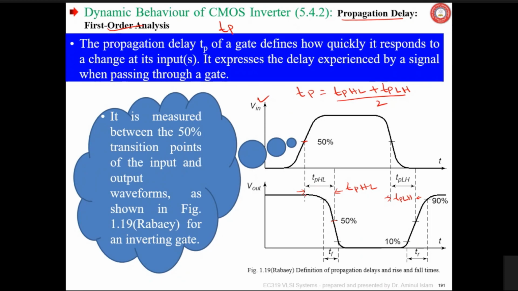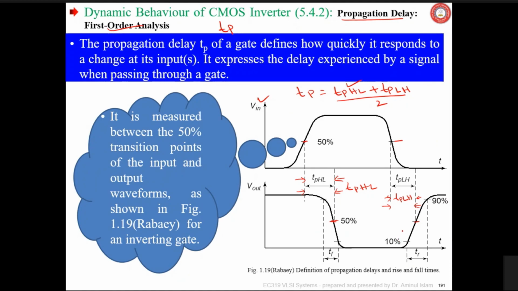So when output is falling from high to low, up to its 50% point, this time duration or delay is called TP-HL, because output is moving from high to low. Similarly, when your input is falling, output will be rising. So from the 50% point of input to the 50% point of output, this delay is called TP-LH, low to high.